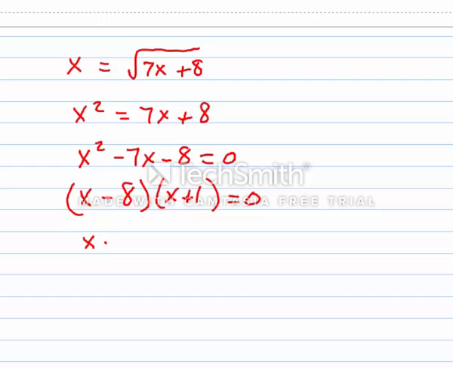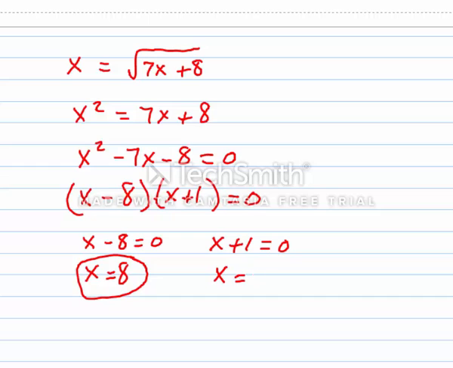So we have x minus 8 is equal to 0, or x is equal to 8 as a solution. Or x plus 1 is equal to 0. Right? If a times b is equal to 0, one of them must be 0. Or x is equal to minus 1. Now if we plug this in, we have minus square root of something is equal to minus 1. That can't work. So our only solution is x is equal to 8.